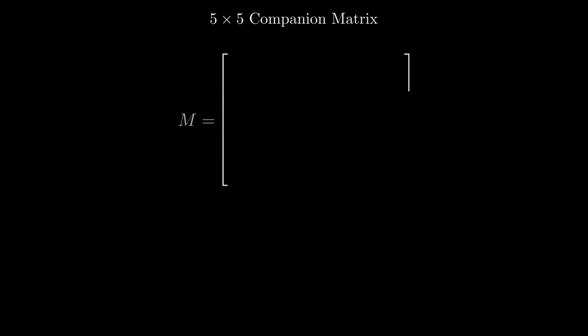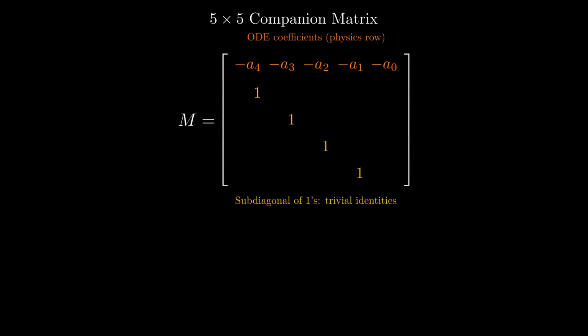Assembled, this is the 5 by 5 companion matrix. The top row holds the ODE coefficients, -a4, -a3, -a2, -a1, -a0. Below that lies a subdiagonal of 1s, and every other entry is 0.